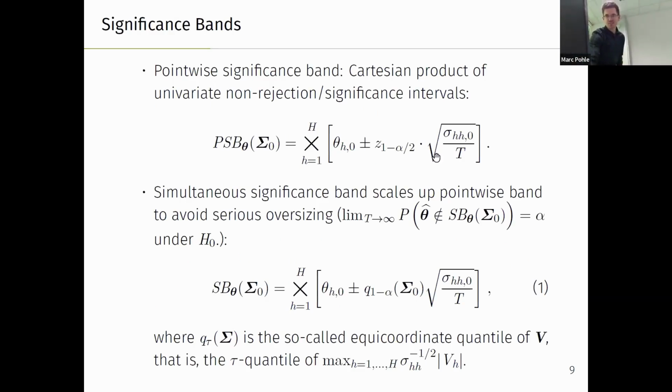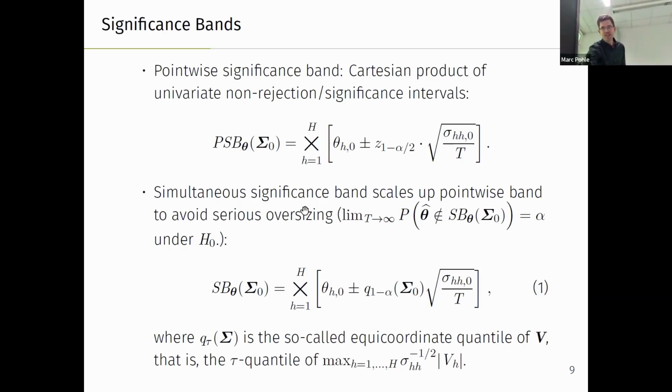So this is simple statistics 101: the non-rejection interval of a z-test, an asymptotic normal test, and then we take the Cartesian product of them, and this we call the pointwise significance band. So an example would be the band that I showed you. Okay, and the problem with this band is that it has undercoverage.